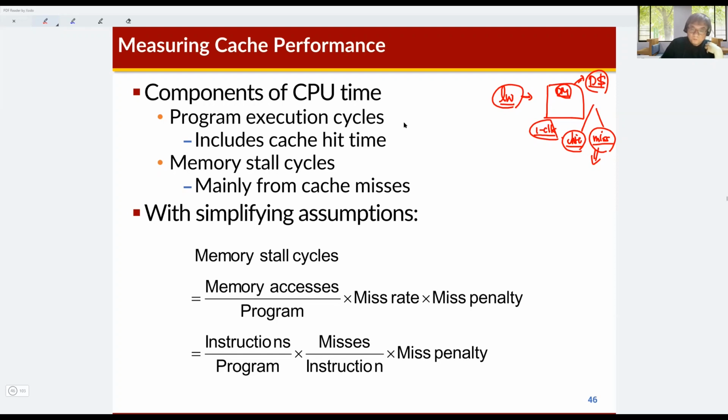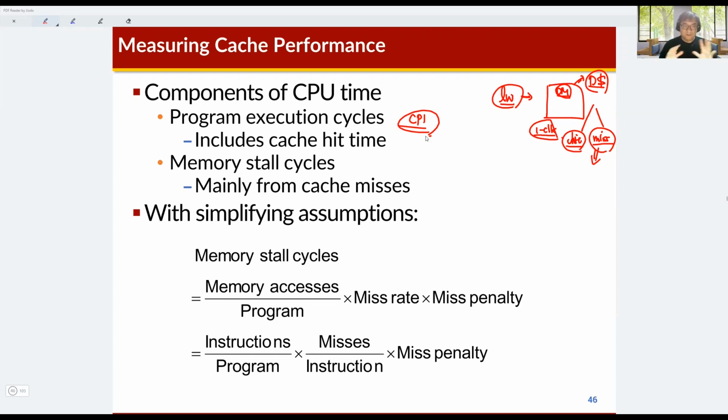In chapter 4, when we calculate the performance of a pipeline processor, we can use CPI, clocks per instruction. Usually this is a very simple pipeline processor, so we assume that if there are no hazards, then CPI for this pipeline processor is 1.